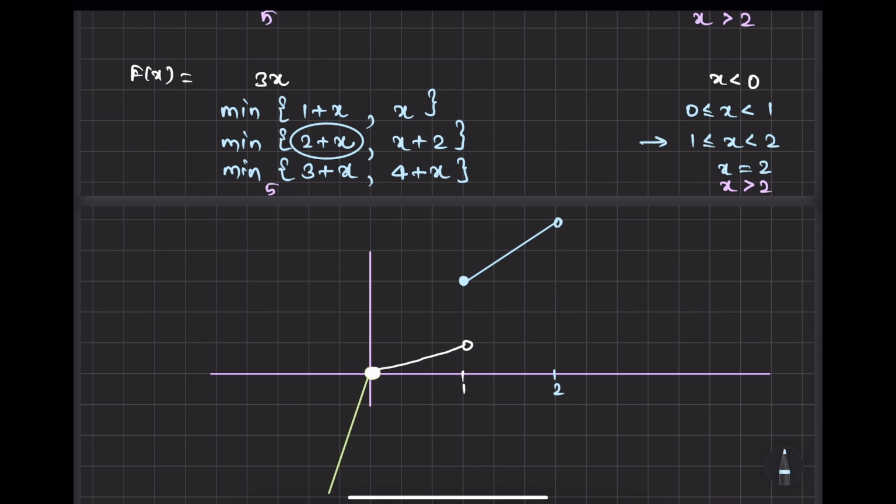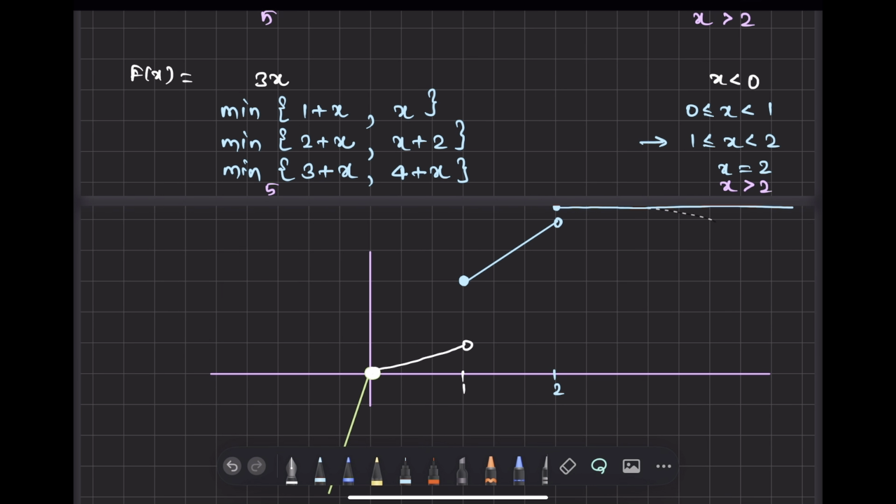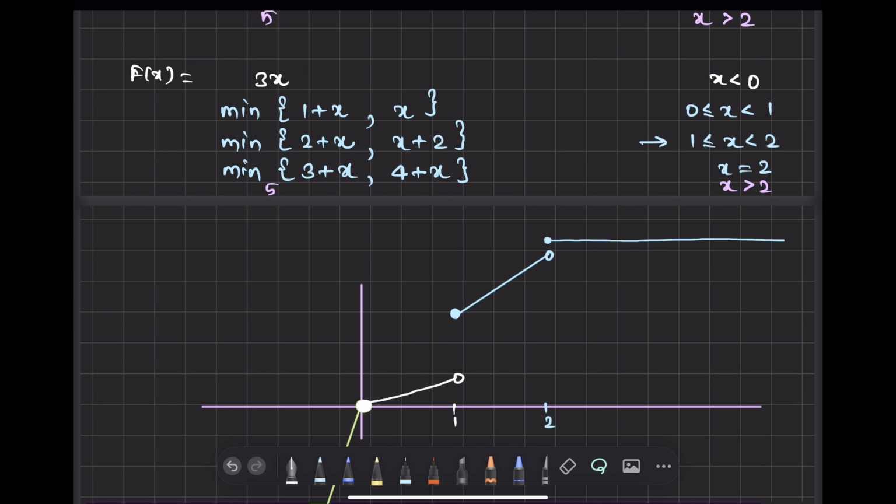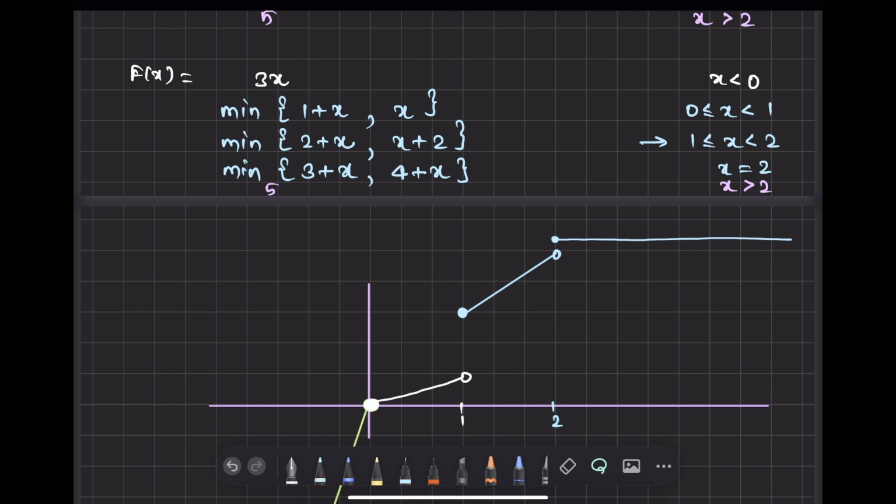It is an open circle. Now at x equals to 2, this is 5 and this is 6. You know that you will consider the minimum one. So you will consider this point 5, and from x greater than 2 you have to go 5. So this is the graph. Correct? So this is the graph of the function. I will take everything a little bit below. I hope this thing is clear.